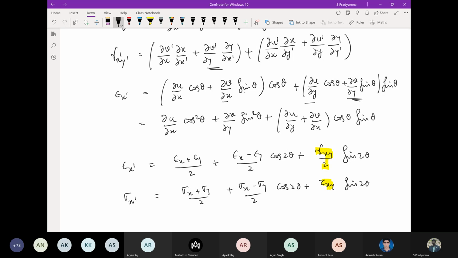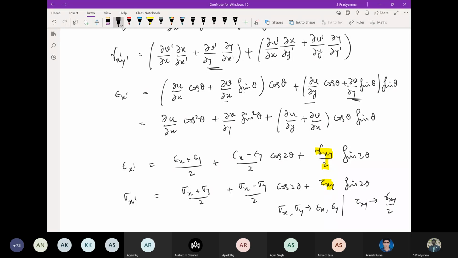Instead of writing tau xy sin 2 theta, we are writing gamma xy by 2 into sin 2 theta. That means everywhere I have to replace the shear stress term, tau xy, with the shear strain term gamma xy, and I can substitute sigma x, sigma y directly with epsilon x and epsilon y in this expression.